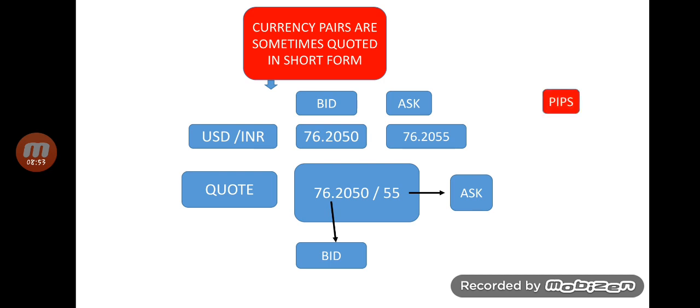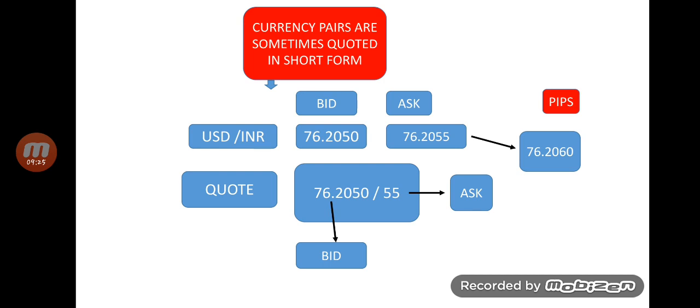Another point which is very important for the trader to understand is pips. Understanding pip is very simple. As I've already explained, any trader who wants to buy will have to check the ask price. So when they are buying the currency pair, say for example USD INR, they're expecting USD to increase and INR to decrease. If this happens, then ask price will increase from 76 to 76.2060.